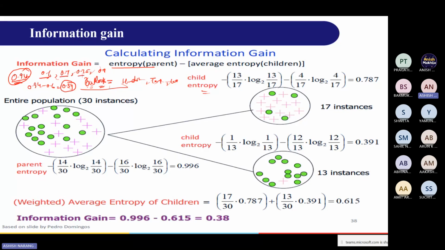If I take temperature, 0.75. If I take wind, 0.8. So the attribute that is reducing the entropy a lot is the first one. I'm just subtracting, and the subtraction gives me the information gain. Whichever attribute has the highest information gain, that is the attribute I'm going to choose for a split.